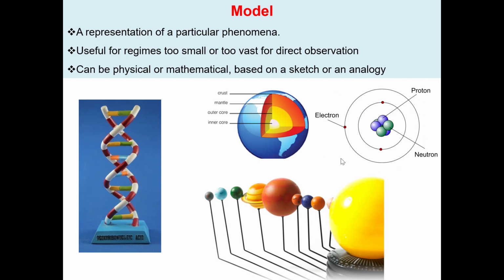We cannot see the atom, but using the model we can imagine all the subparticles of the atom. And this is the solar system, which is big, but using this model we can better understand what the solar system is.